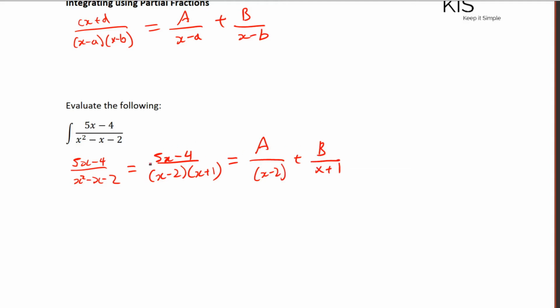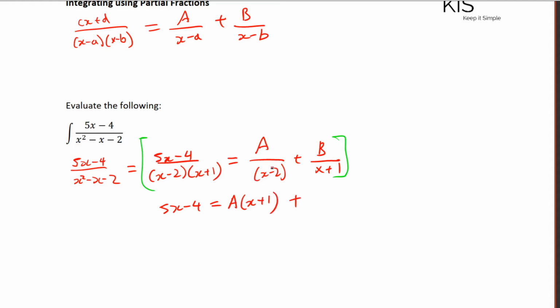If I focus on just this, and multiply both sides by the denominator, I'll get 5x - 4 equals, so if I multiply this term by the denominator, my (x - 2)s will cancel, and it will leave me with just A(x + 1).